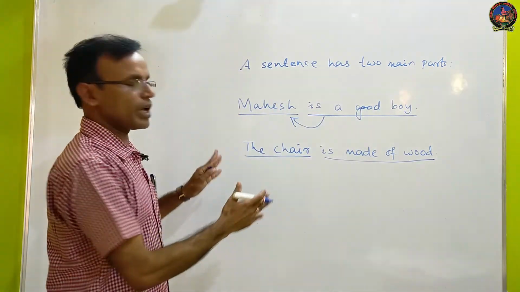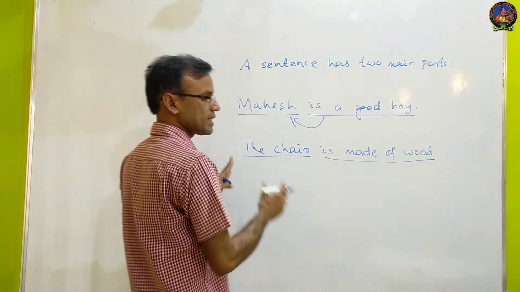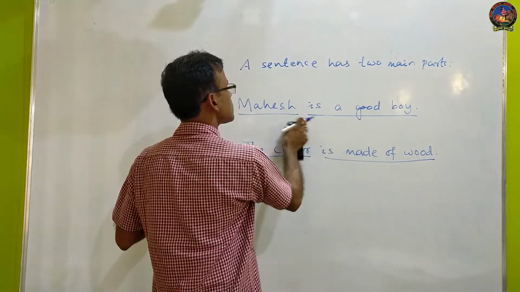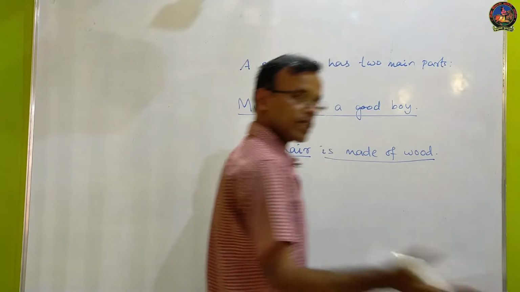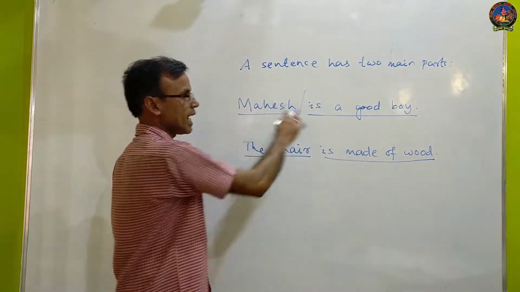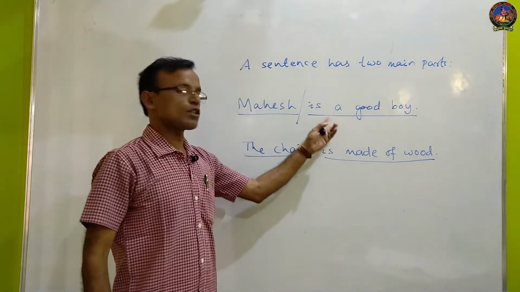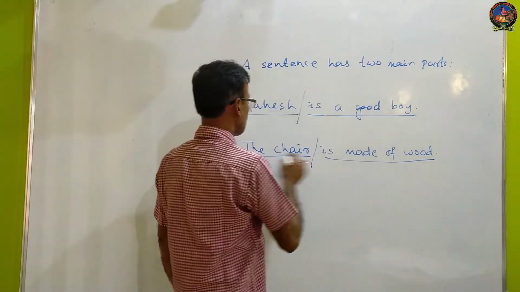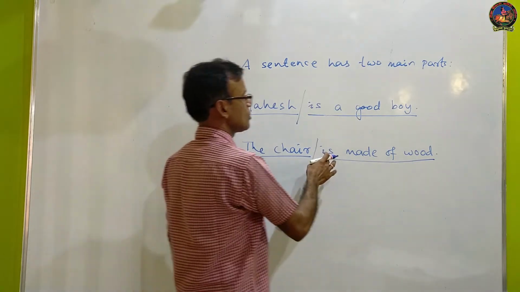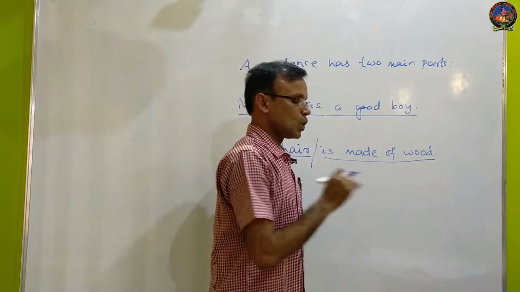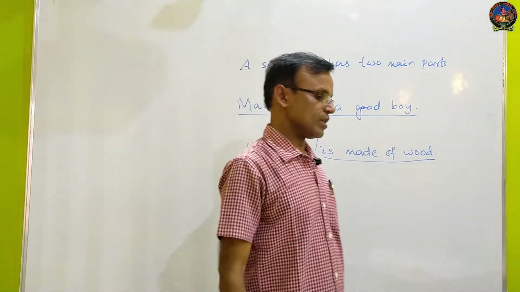So in this way, we can divide a sentence into two main parts. In the first example, Mahesh and is a good boy. These are the two parts. And in example 2, the chair and the rest, is made of wood.